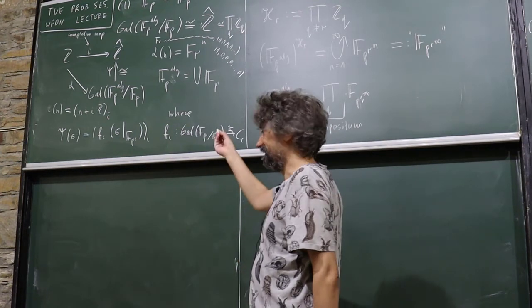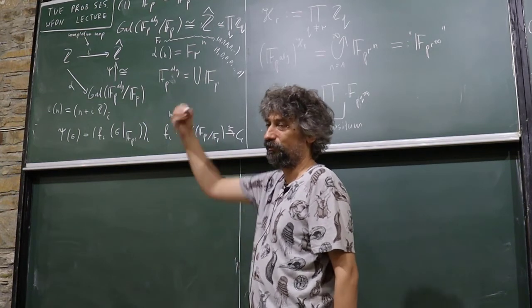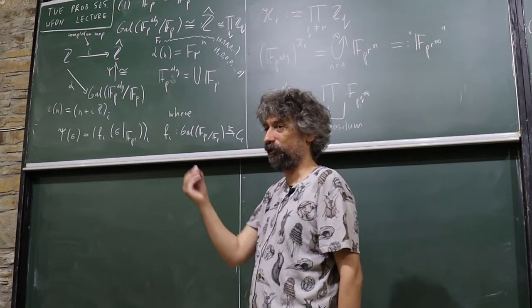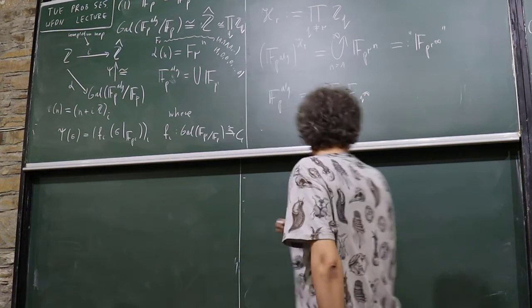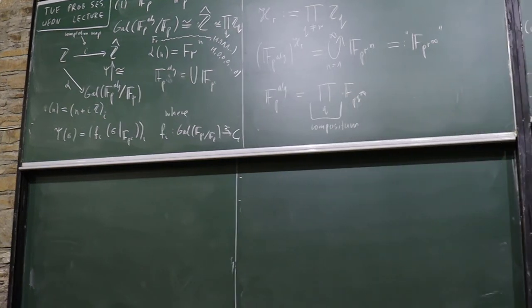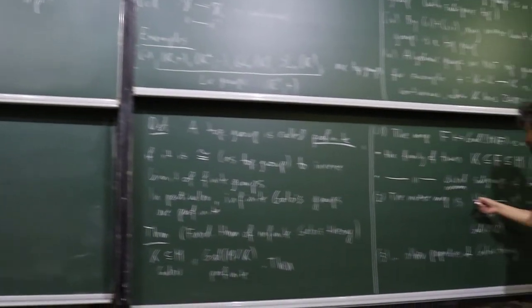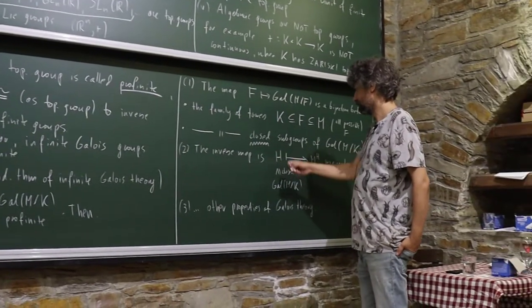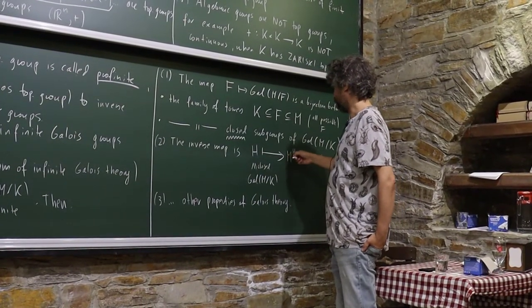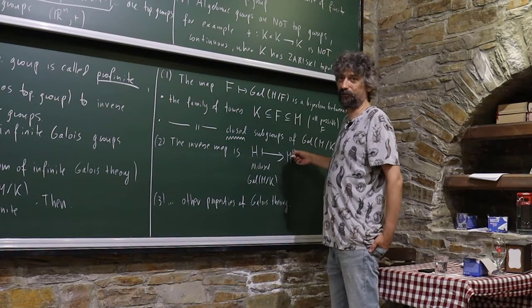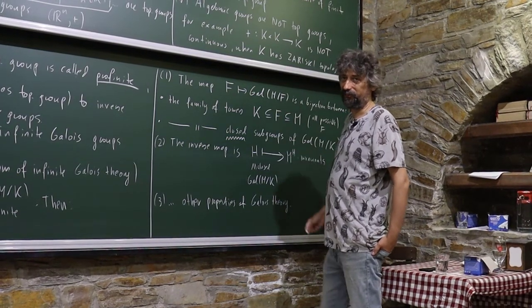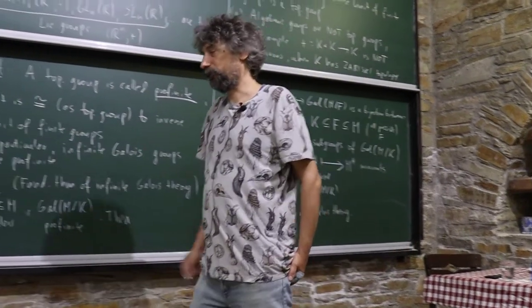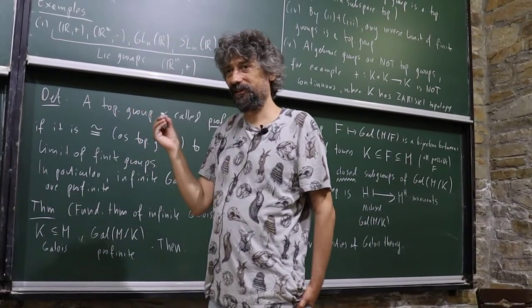But Z is dense, so it really gives you the same as its closure. It's another property: if you try to go like this with a non-closed group, then you get the invariants of the topological closure. So invariants of a subgroup are the same as invariants of its topological closure.